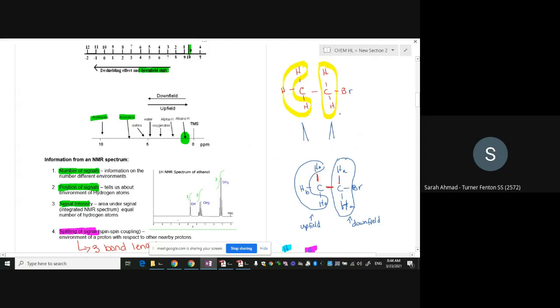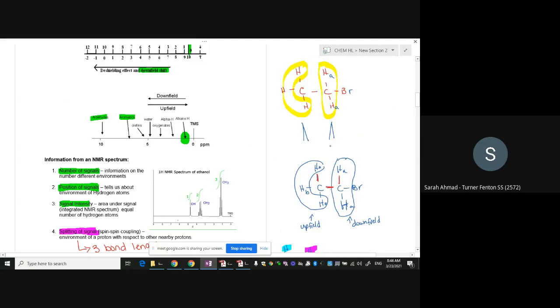This one will be downfield, easy peasy. Everybody should have that under control. This will be upfield. How will this split? The rule is, for example, for these protons here, these 3 protons will influence these 2.